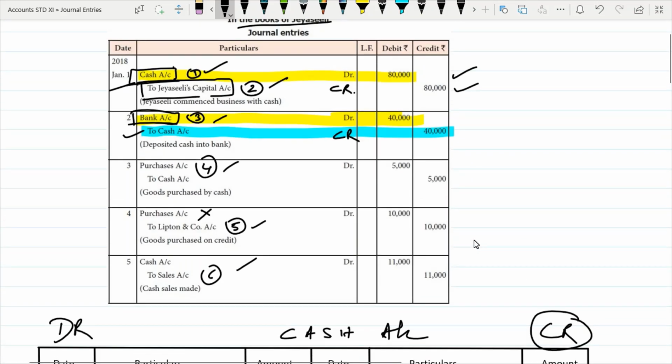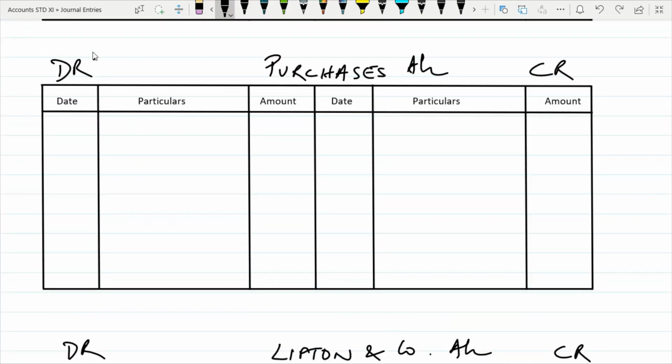We shall go to the next. Next is this. So let us record purchases. So look at the purchase only. So purchase here is debit. Debit by how much? 5,000. It's on 3rd of Jan. So we'll go to purchase now. Purchases is first debit. It is debit by how much? 5,000, right? So write 5,000. It is on date is 3rd of Jan. So now what is to be written here?